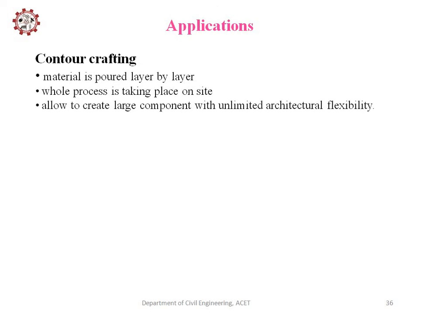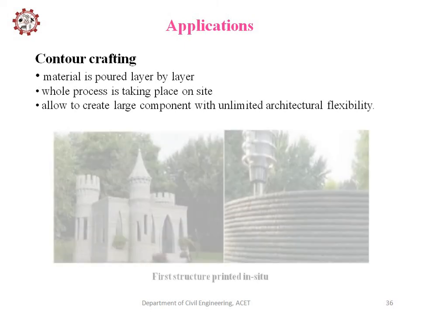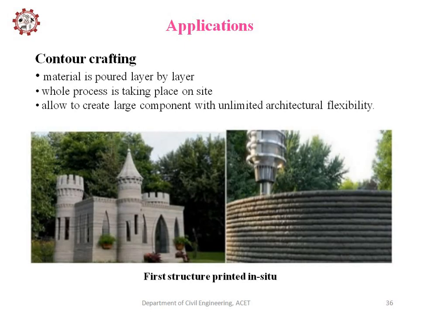Then again contour crafting, material is poured layer by layer. Whole process is taking place on site, allowing creation of large components with unlimited architectural flexibility. So first you can see first structure printed in situ. So on the site itself this construction was done with the help of computer graphics.